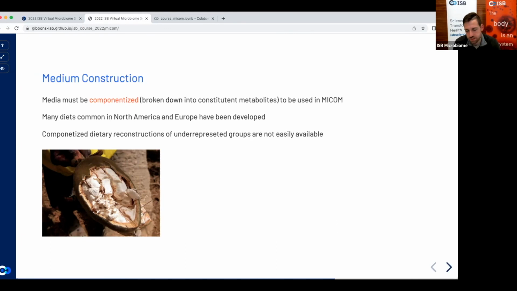This can be additionally difficult since the databases that you might use to build these media by mapping food components to their constituent metabolites consist primarily of foods that are common in North American and European diets. For instance, baobab fruit, which is shown in the picture here, is a very common component of the Hadza diet, but it can't be found in any of the commonly used food databases that we use to map food components to their constituent metabolites.